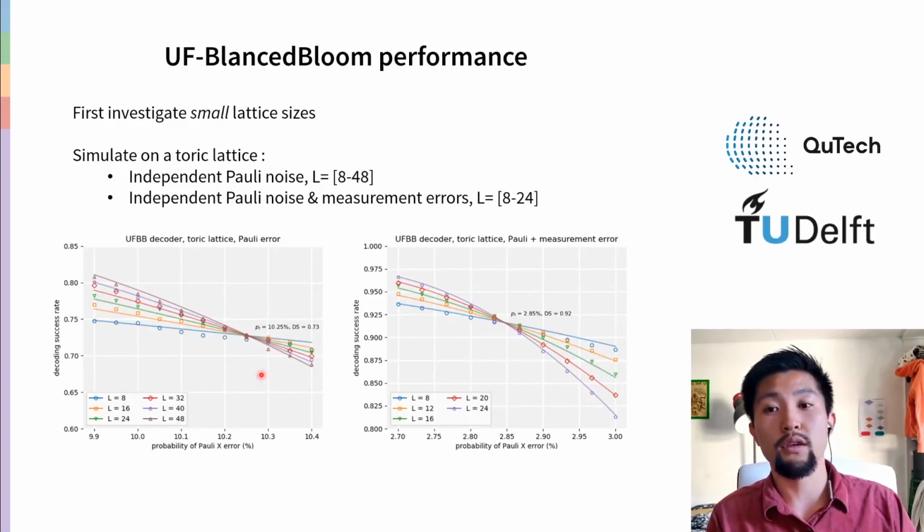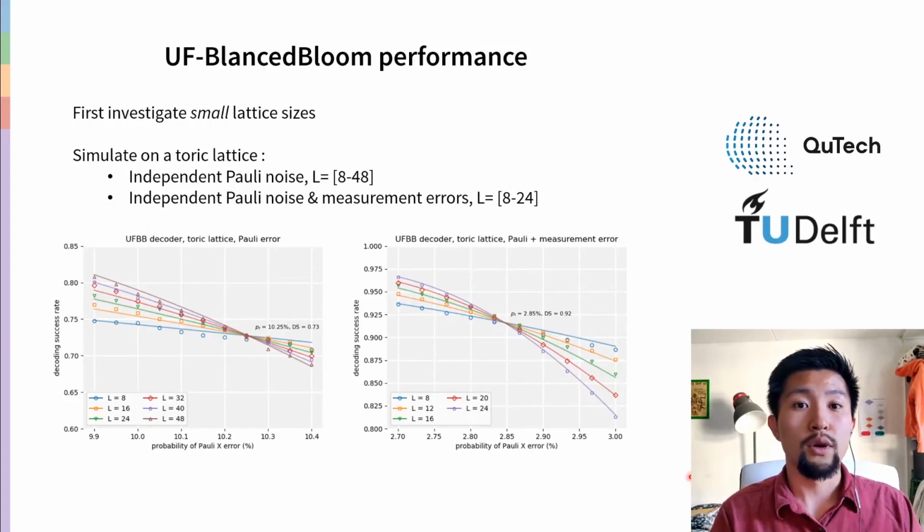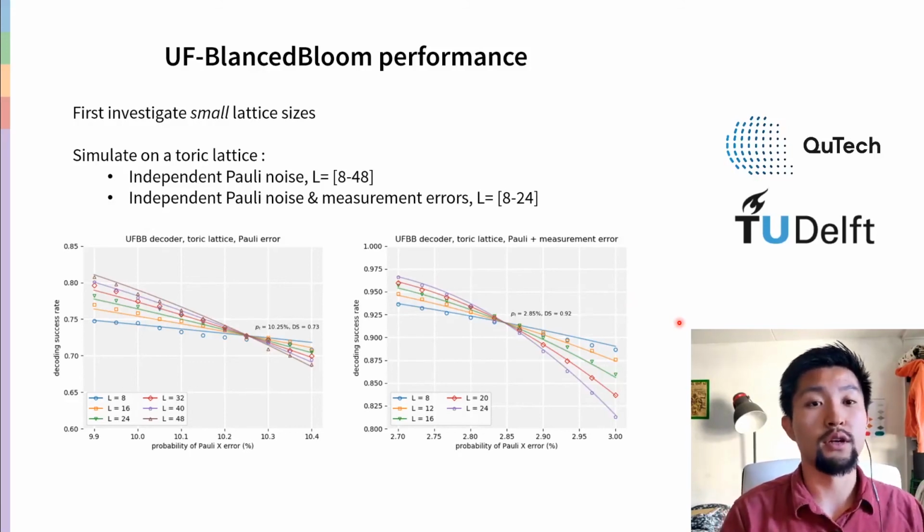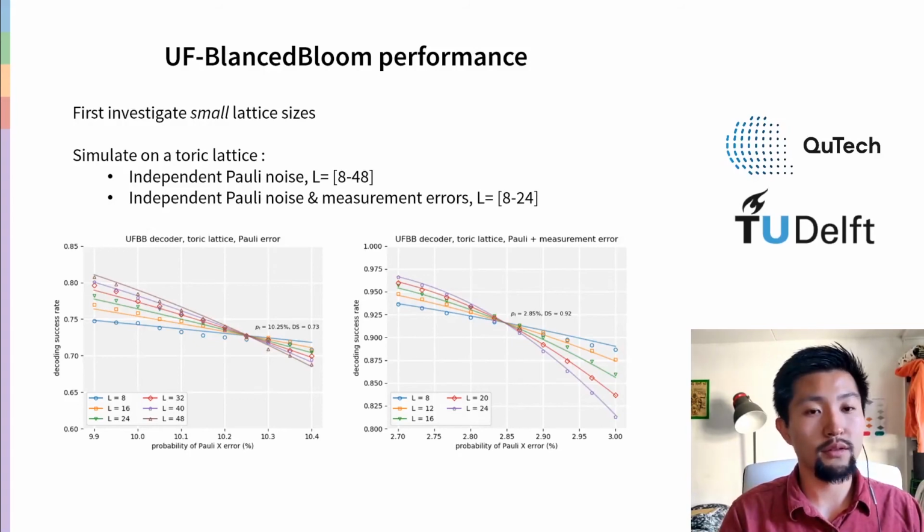Recall that the threshold that we got for the vanilla unified decoder, which might not be vanilla at all, is 10%. Whereas in the 3D case, so for Pauli and measurement errors, we're getting 2.85%, which is quite high because we got 2.7% for the normal vanilla unified decoder.